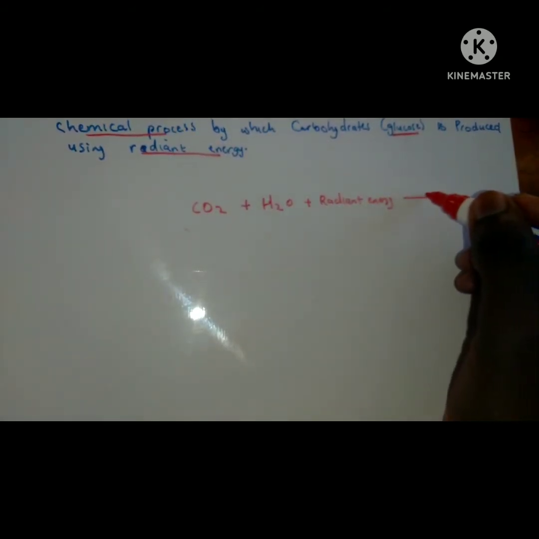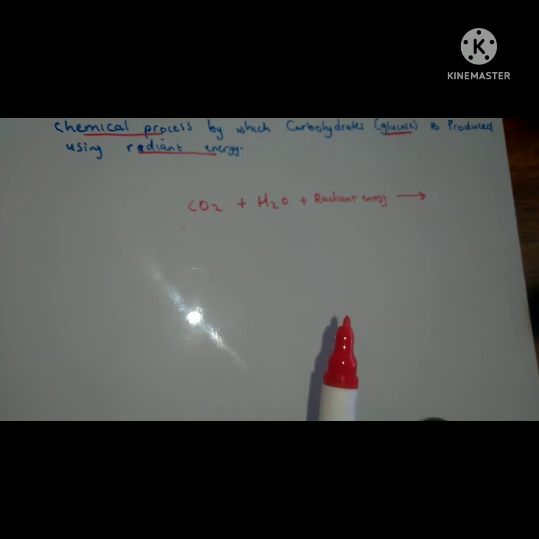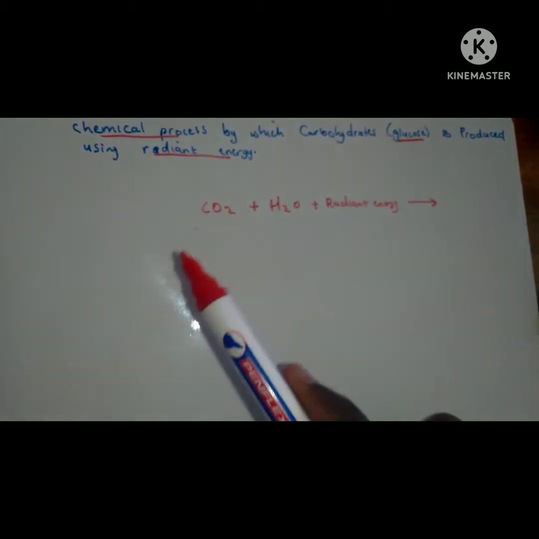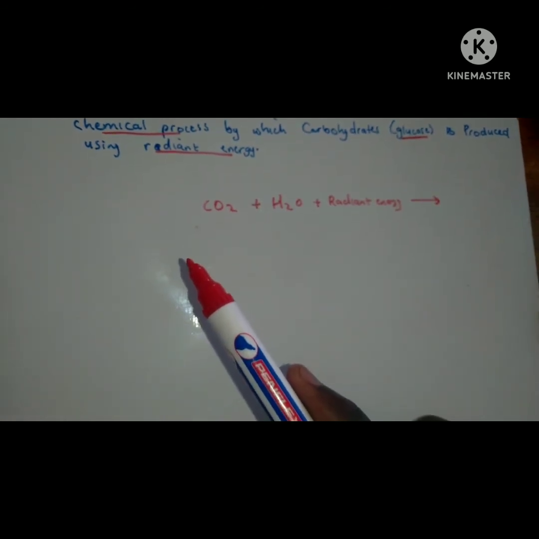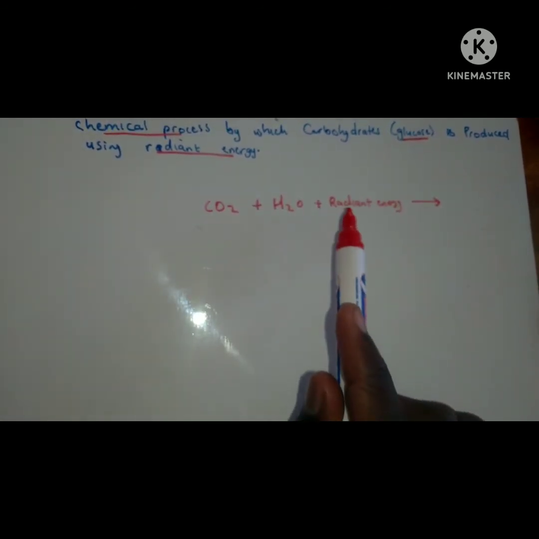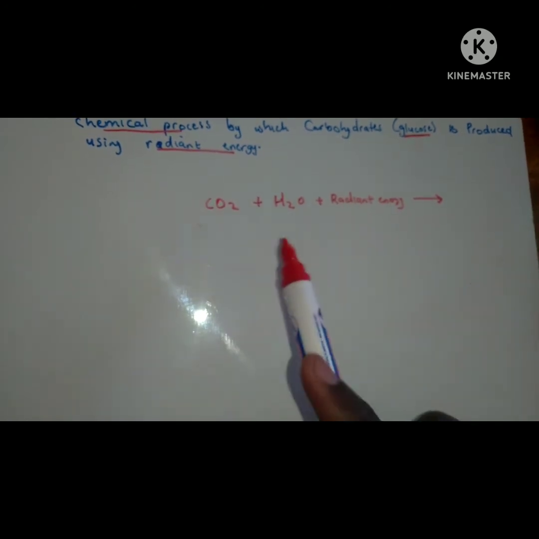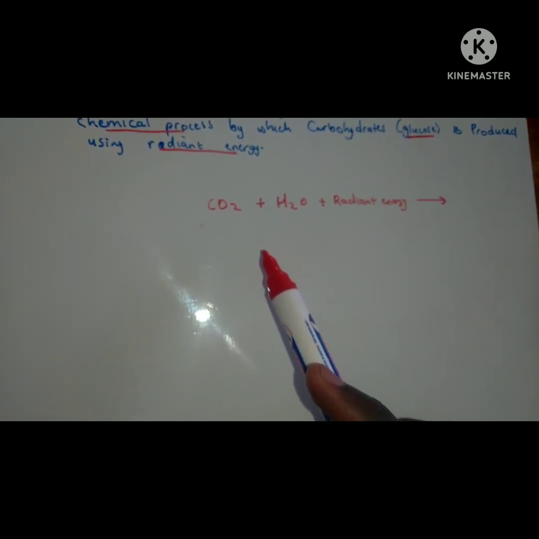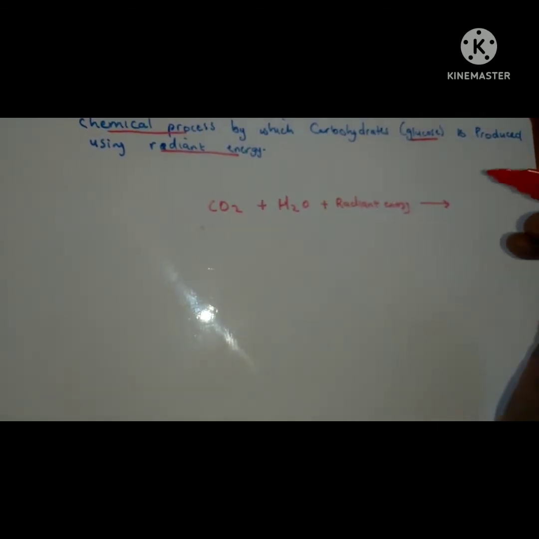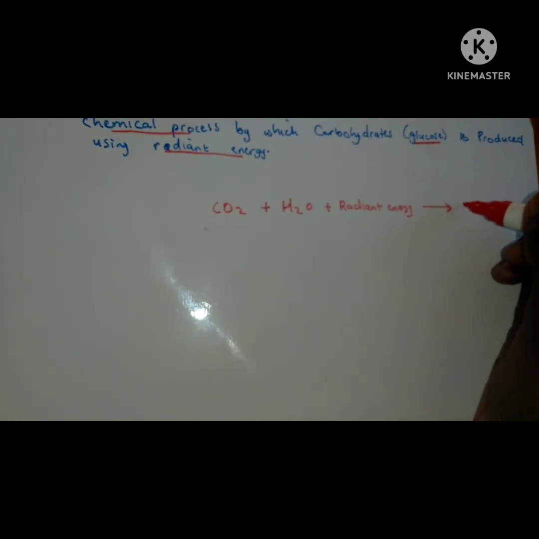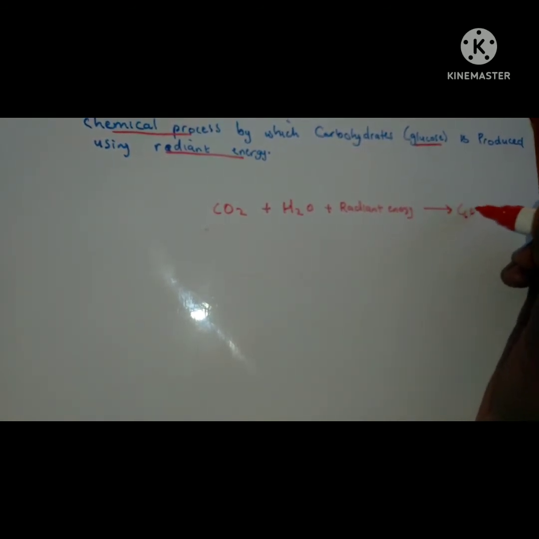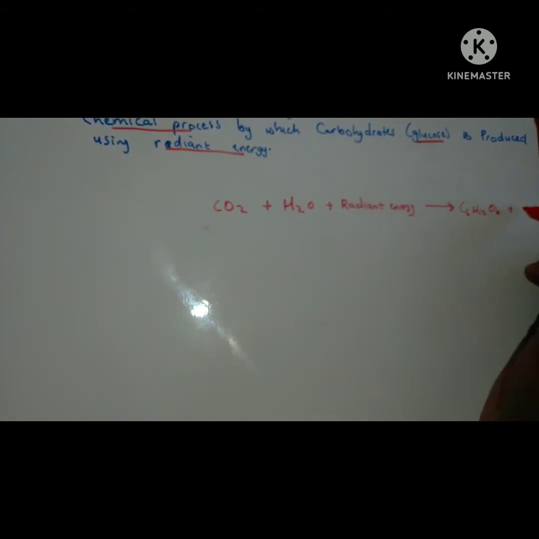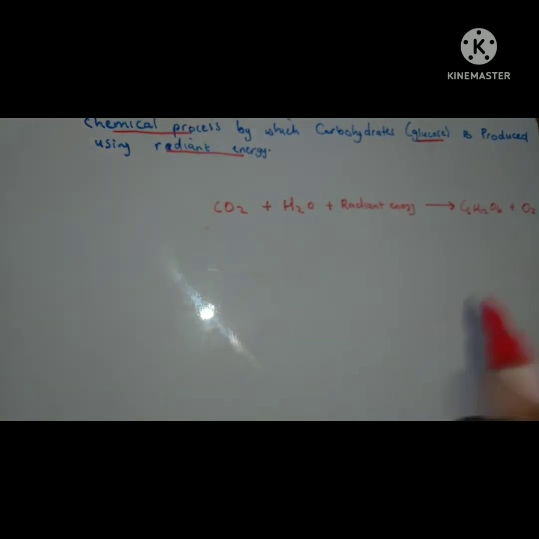So in order for us to have photosynthesis completed, we need carbon dioxide plus hydrogen oxide, or water, alongside radiant energy, which is also essential. These three are essential for photosynthesis to take place. We have products, which are glucose and oxygen.